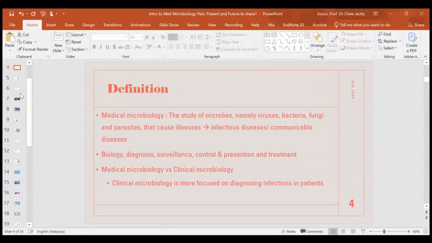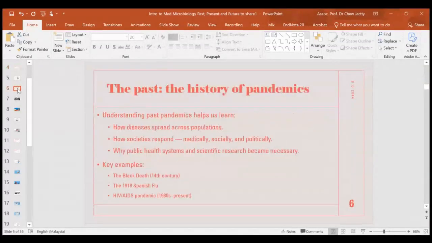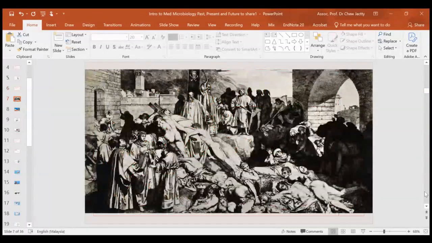So this is what I have already talked about just now, the definition, and also why we need to study what happened in the past. Okay, the history of pandemics. This image is one of the images that records what happened in the 14th century when the Black Death happened. Those of you who are interested in history may have come across this.